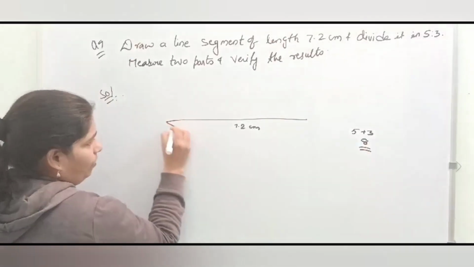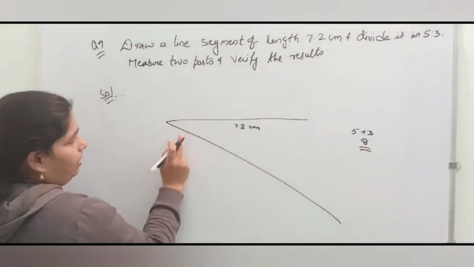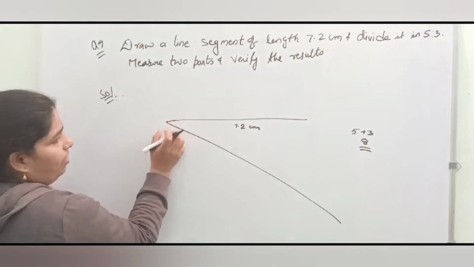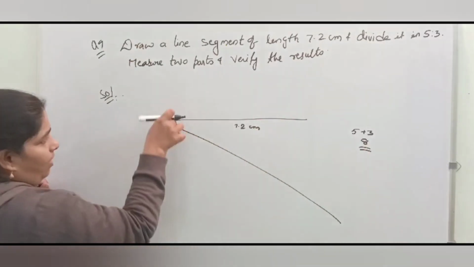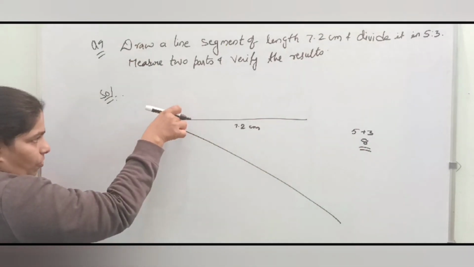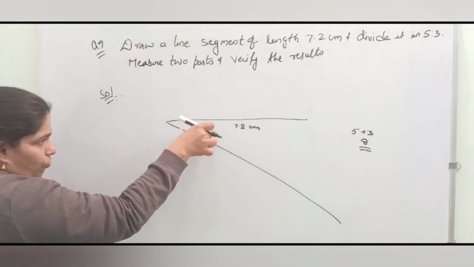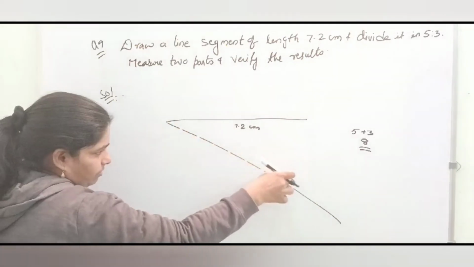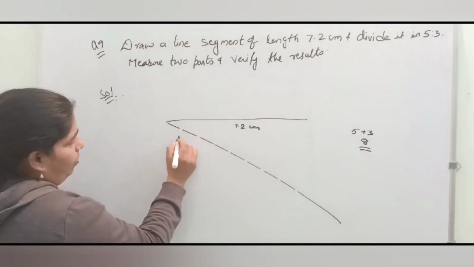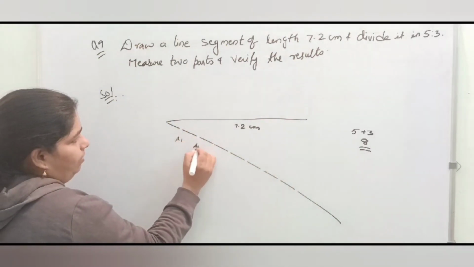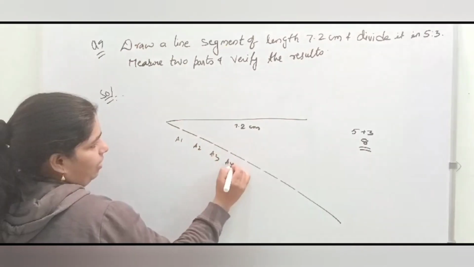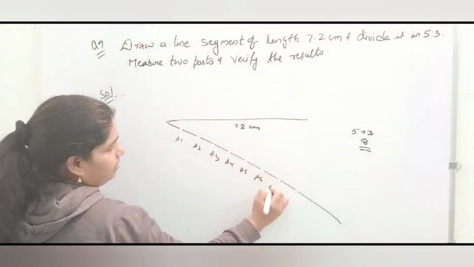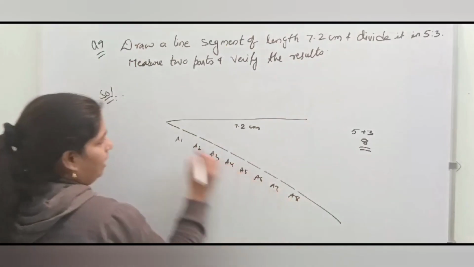Therefore, make an acute angle of any measurement and measure 1 centimeter arcs and divide this into 8 parts: 1, 2, 3, 4, 5, 6, 7 and 8. Let us call them A1, A2, A3, A4, A5, A6, A7 and A8.